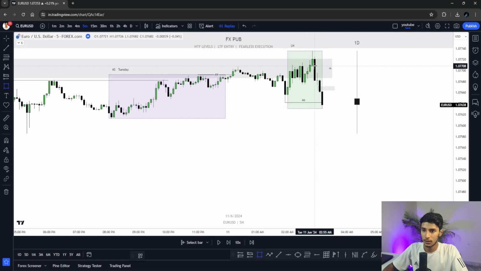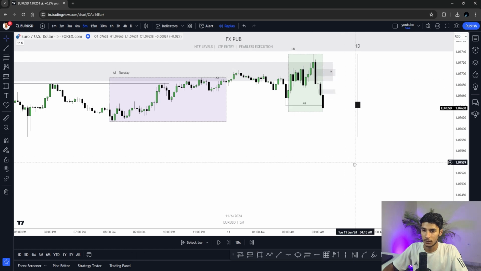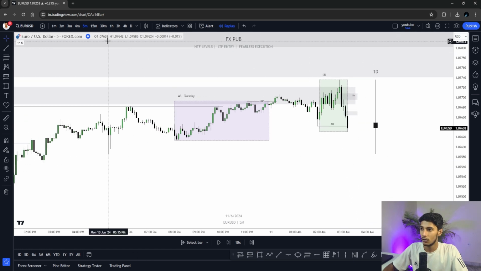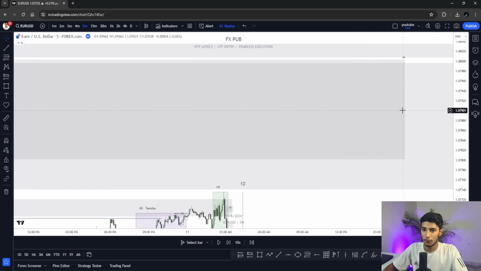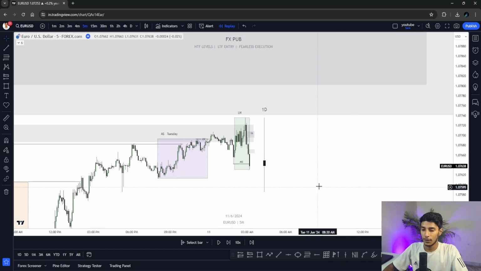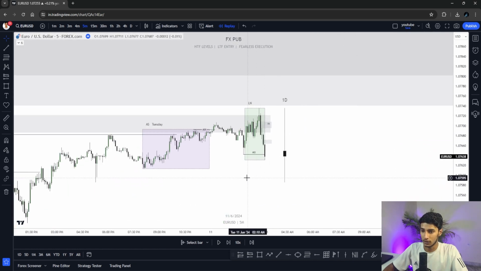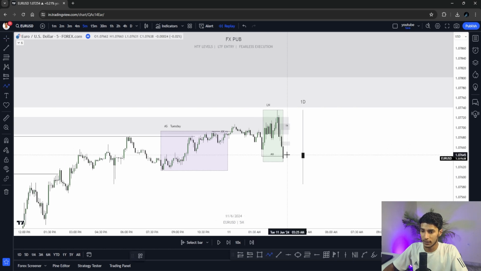One is this and one is this. But there is a thing: we still have a 4-hour fair value gap above, so it could be the case that they came here, swept the Asia low, and then push to the upside. So we need some more confirmation.